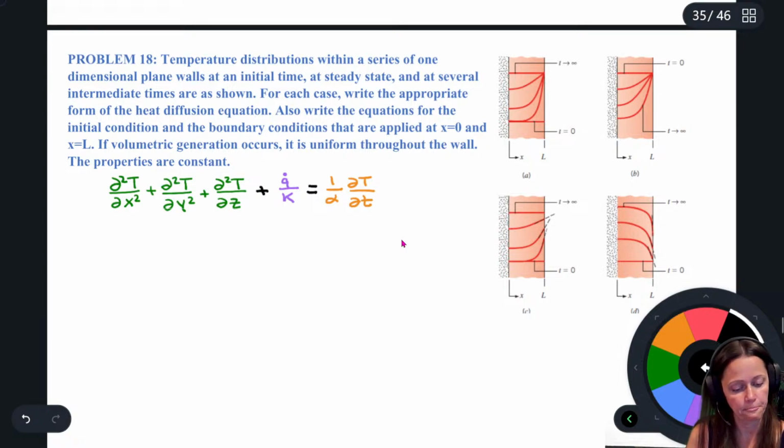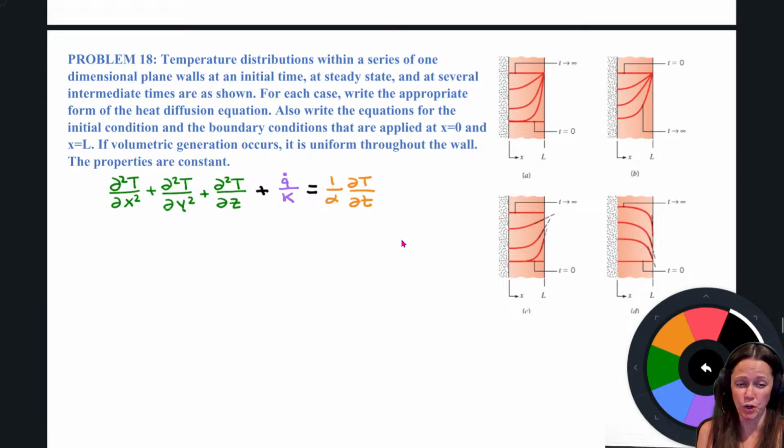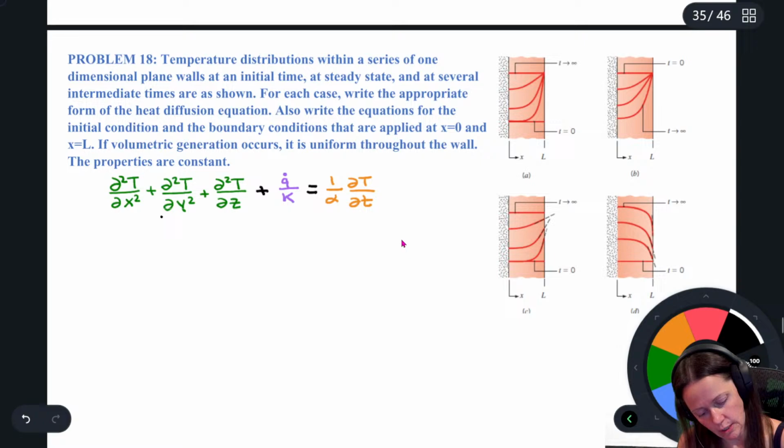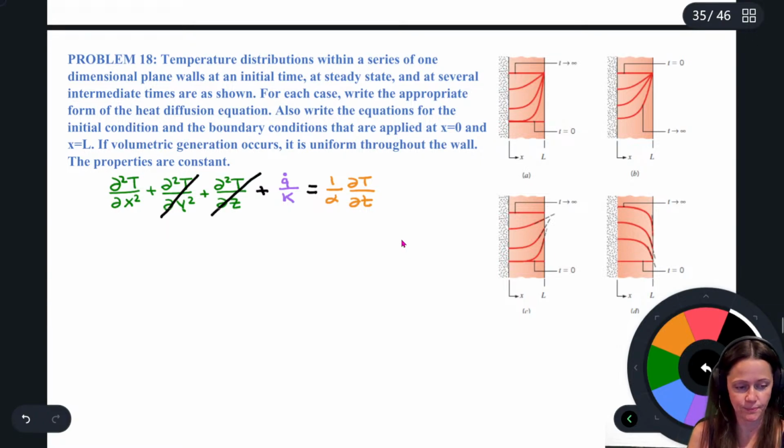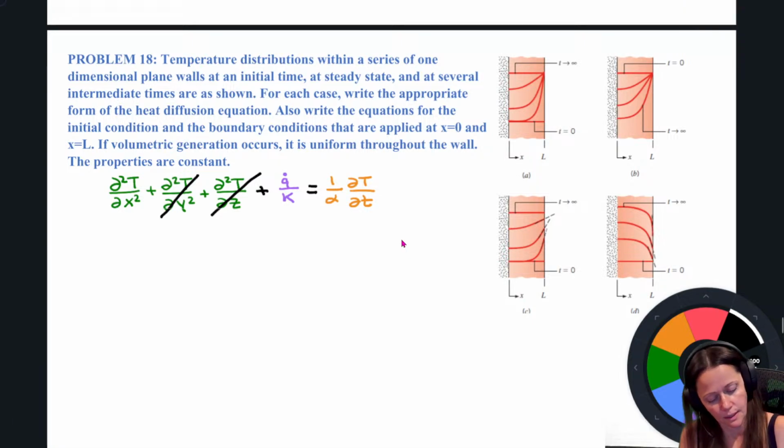Perfect. And so the only thing that I can simplify for all of these is that they're all plane walls. So I'm going to go ahead and at least cross this guy out and this guy out. All right.